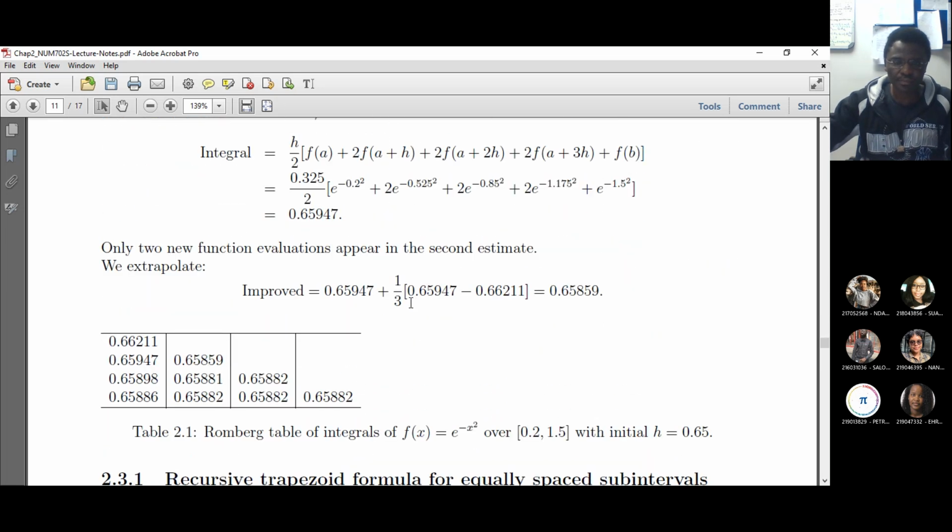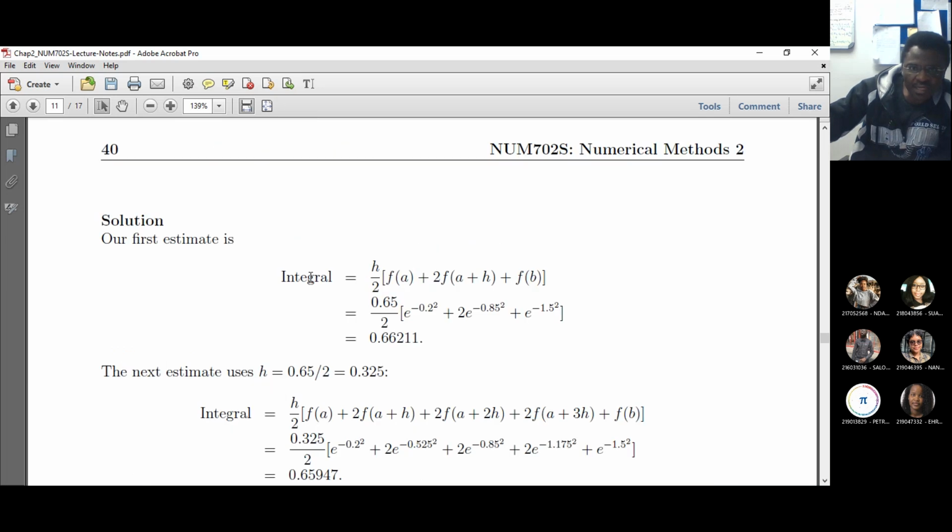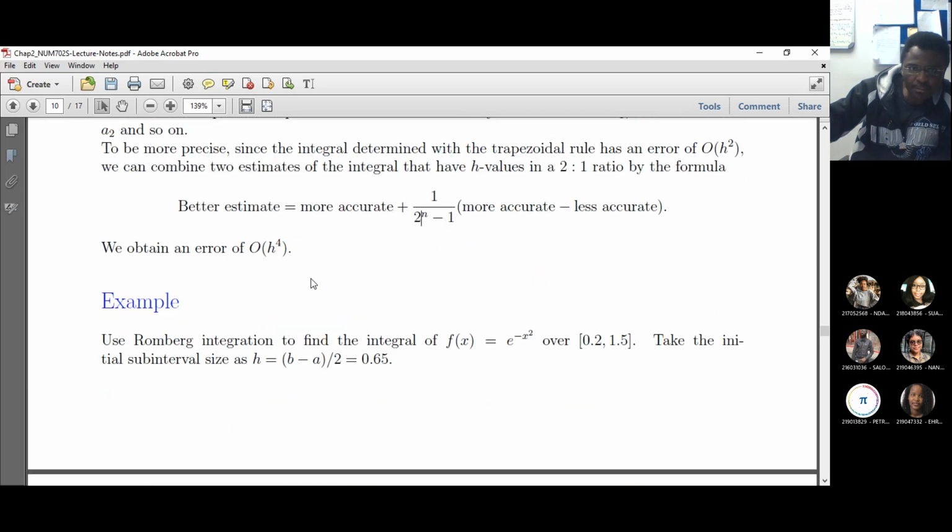Okay, so now, 2 to the n. Now what is n? Let me make that precise. n here in the formula, I think I did not mention that. n here stands for the order of accuracy of the original method, this n.